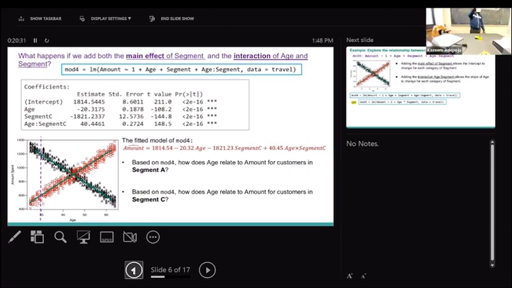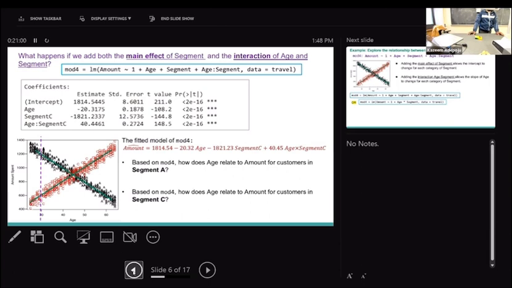You are asking me a very interesting question, which is one of the reasons why I decided to repeat this today. Under this arrangement, these estimates are more or less like averages. The intercept you see is for segment A when the age is 0.